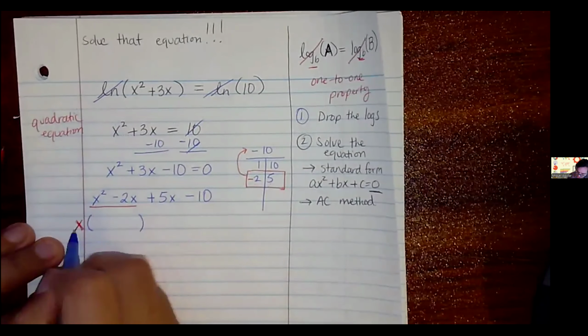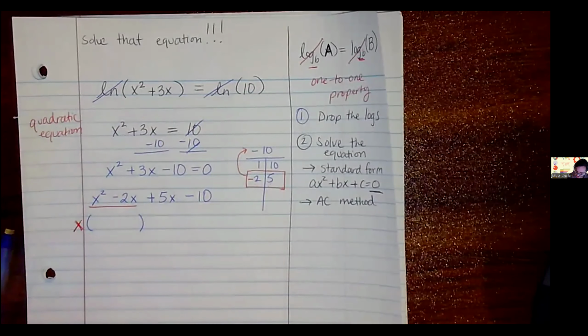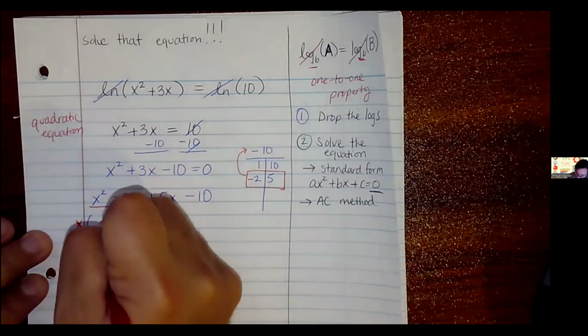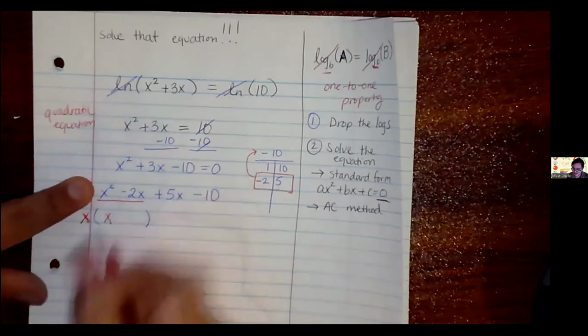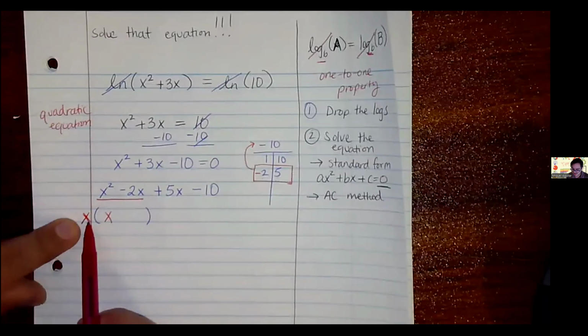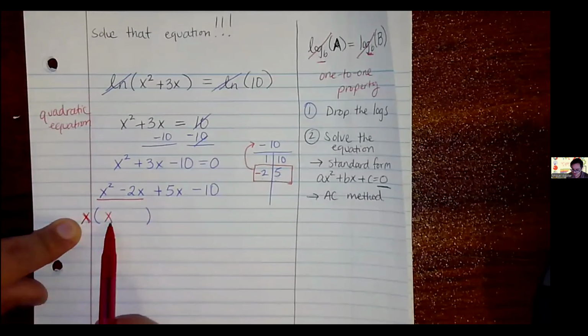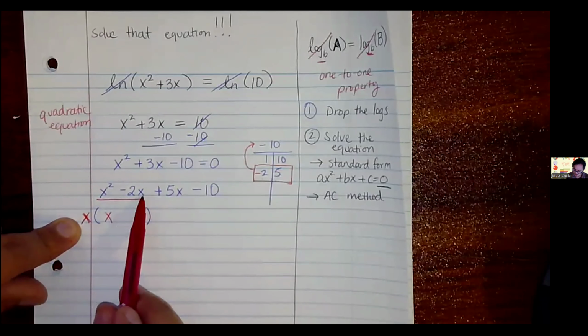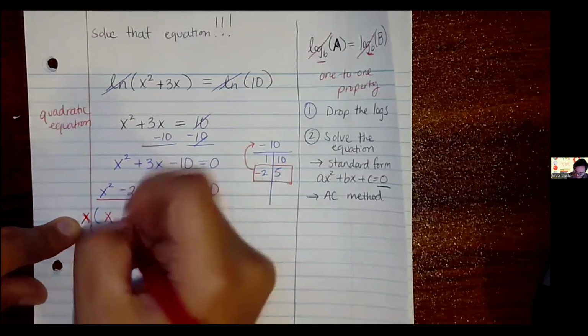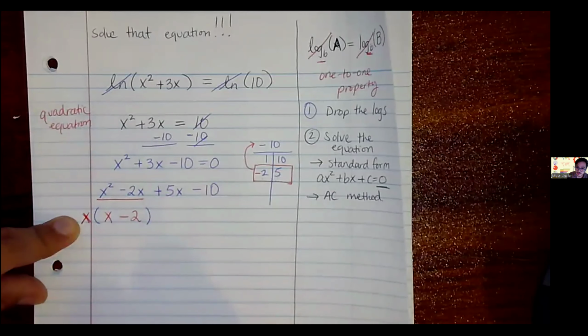So we're going to factor out the x. And then you kind of have to reverse the distributive property, right? X times x will give you the x squared back, right? So x times x, that's what's going to work here. And then x times what gives you the negative 2x back? Well, we already have the x. We're missing the minus 2.